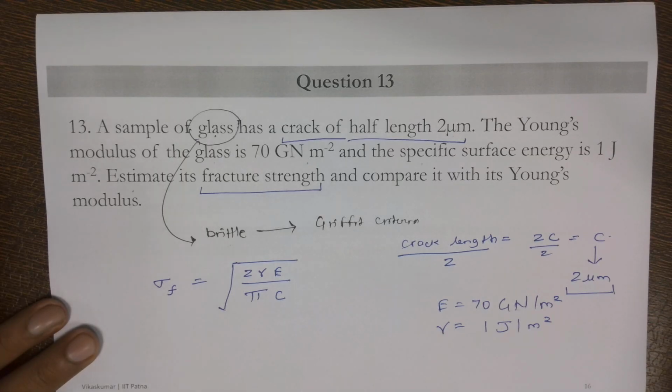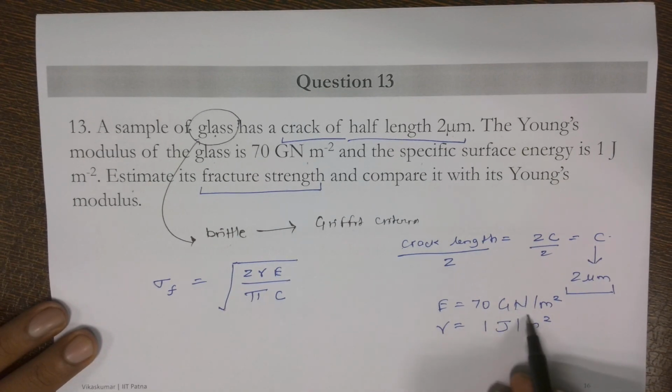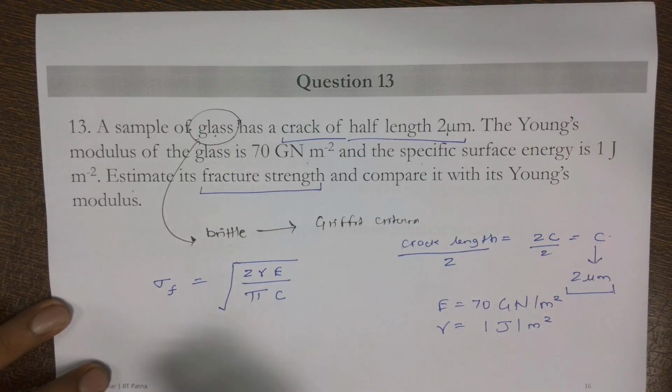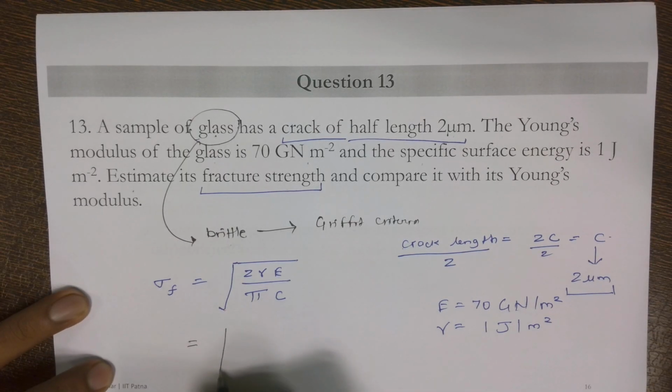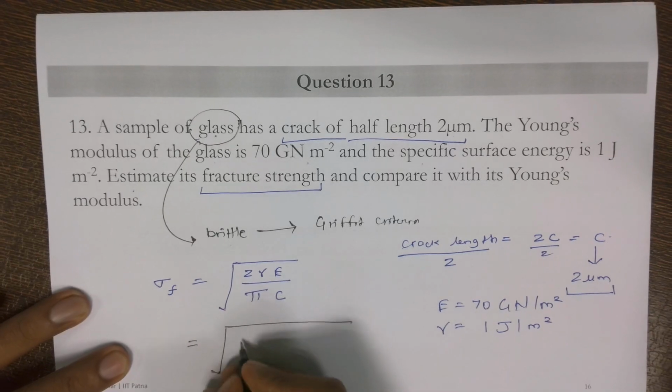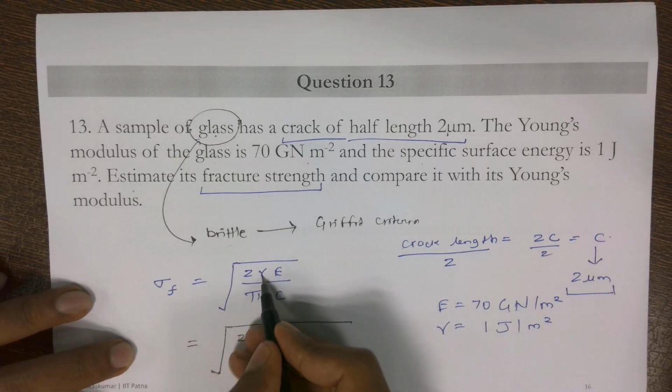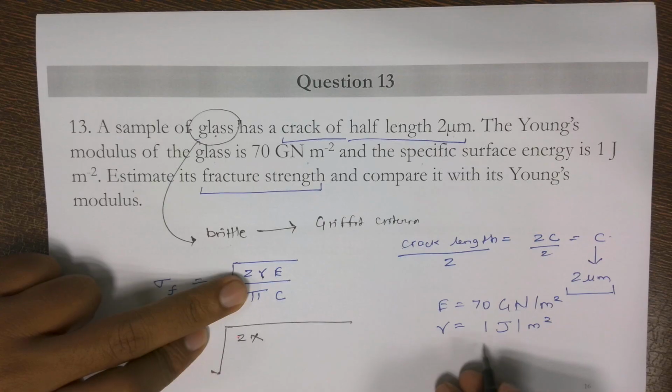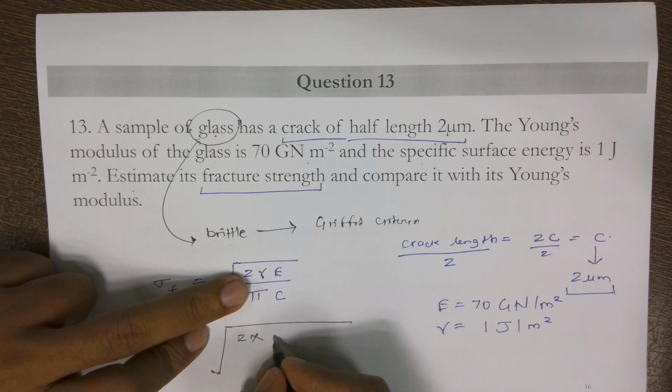I always find it more comfortable to convert all the values into Newton per meter square. So let's try to solve this question. 2 multiplied by gamma. Gamma is 1 joule per meter square, right?